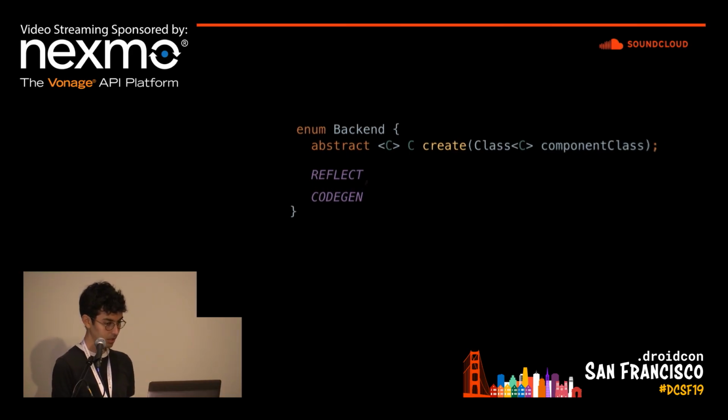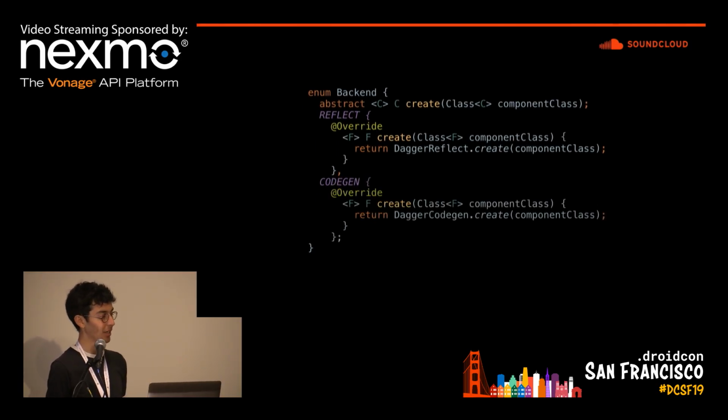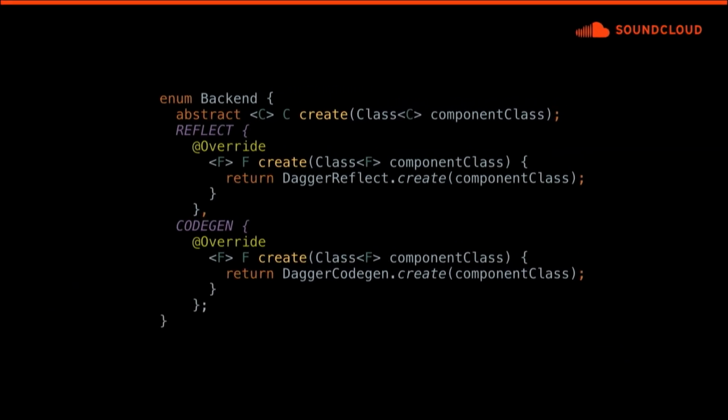And how does that work? Anyways, okay, so this is the implementation of that backend enum. One version of the enum, when you call create, it calls Dagger Reflect.create, the other one calls Dagger CodeGen.create.